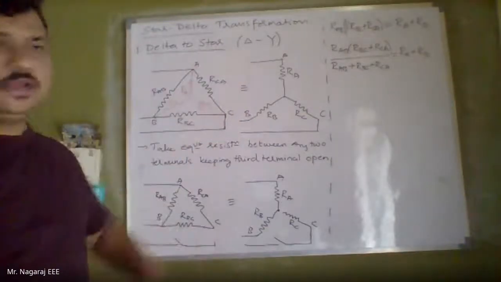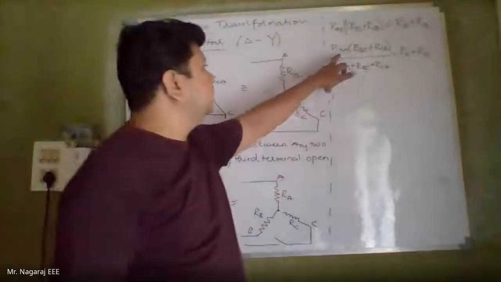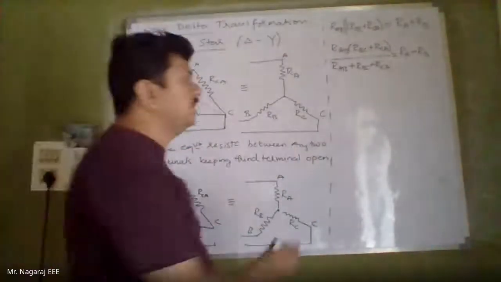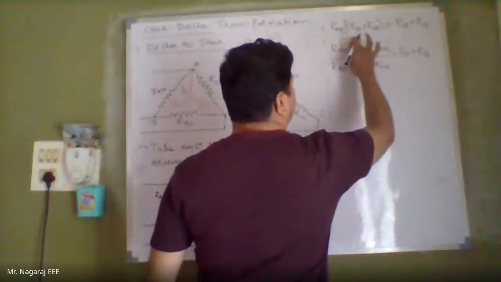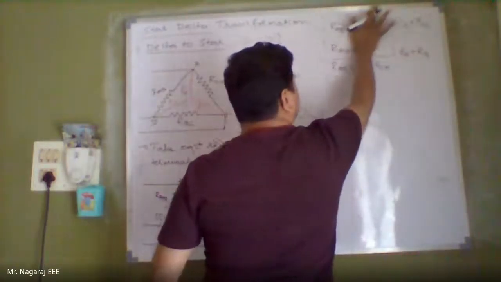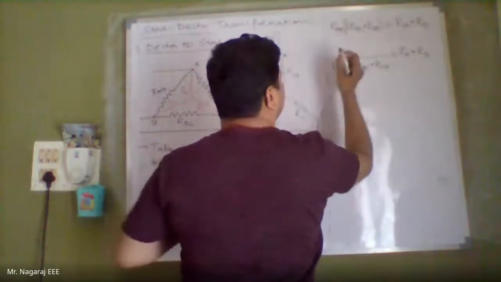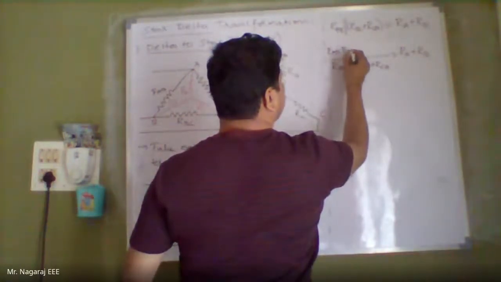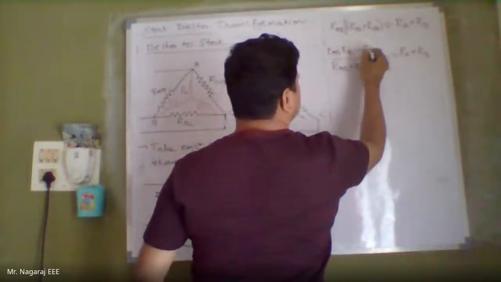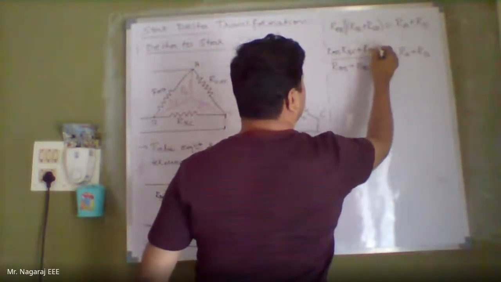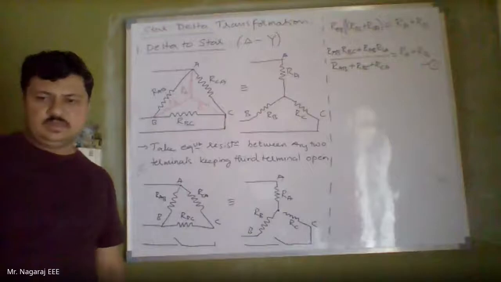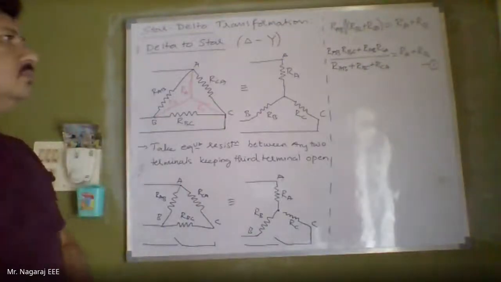Now expand the bracket. I will expand this bracket here itself because of limited space. RAB RBC plus RAB into RCA. Take this as equation 1.